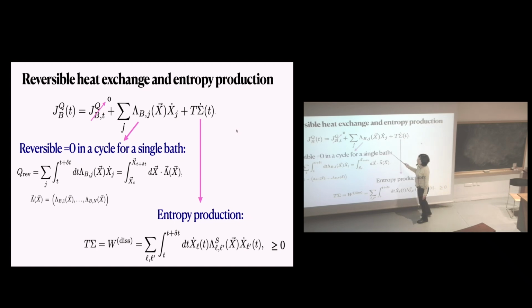Why? Because we can quite easily verify that this component, this adiabatic correction for the flux, describes a reversible process. If we calculate the heat in a process taking place in a given time interval delta t, we can re-express this integral as a line integral.